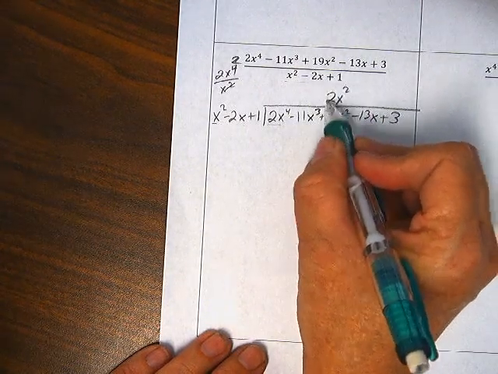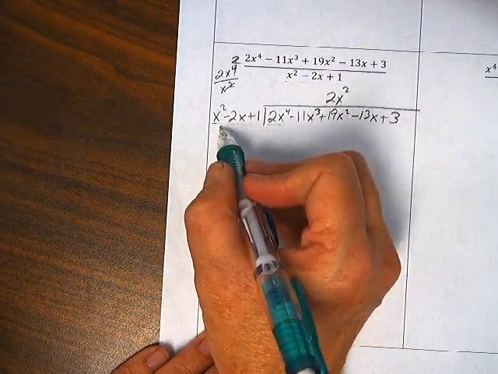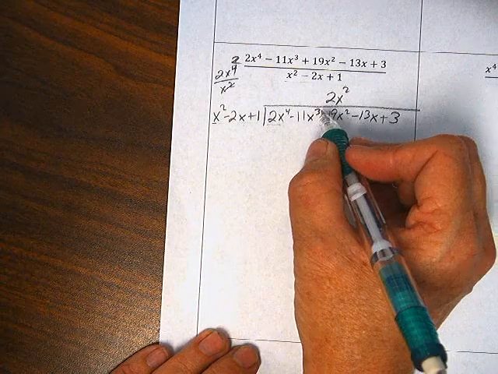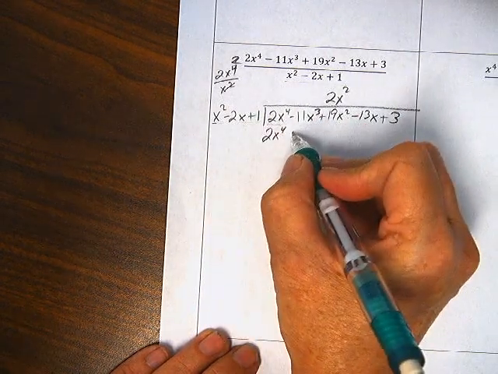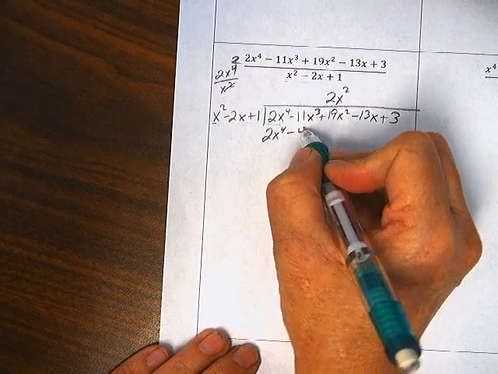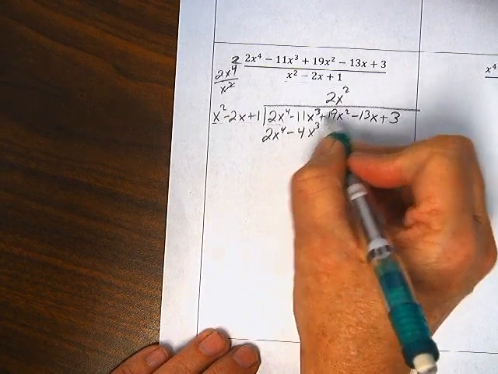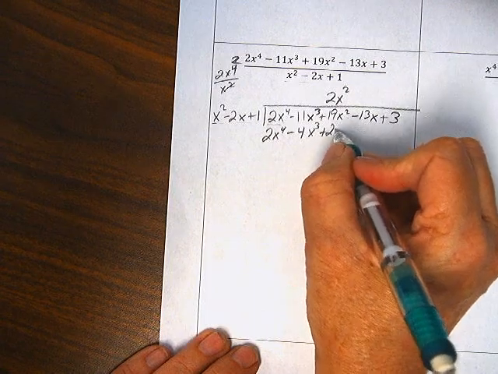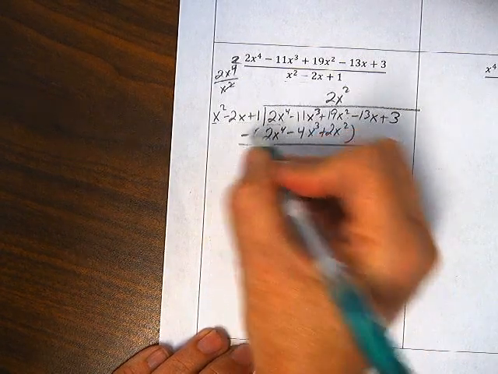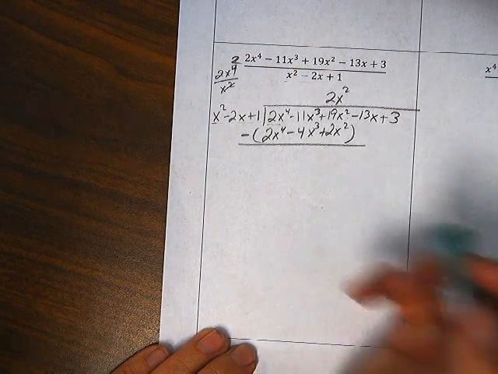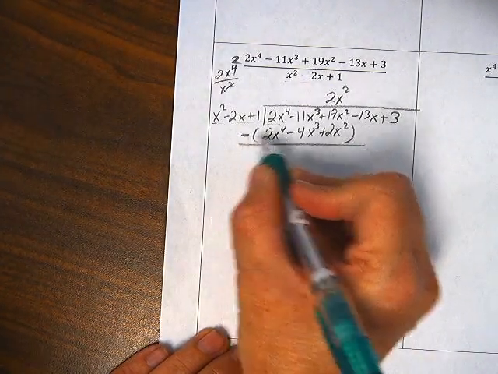And now we take the 2x squared and multiply everything over here by 2x squared. And we're going to get 2x to the fourth minus 4x cubed plus 2x squared. And remember, we put parentheses around here, and we're going to subtract. And when we subtract, we change every sign.